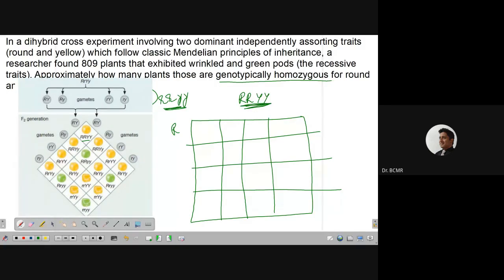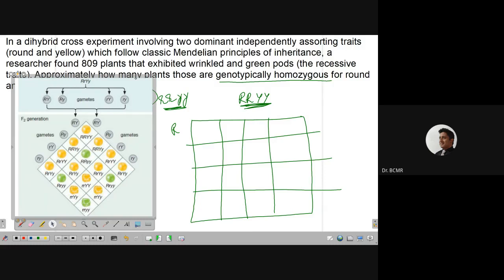So we'll try to find how many are homozygous for small r and small y. 1. Can you find any other? There is none other. And if you also see for homozygous capital R and capital Y, you will find 1. This is kind of a trick question, isn't it?